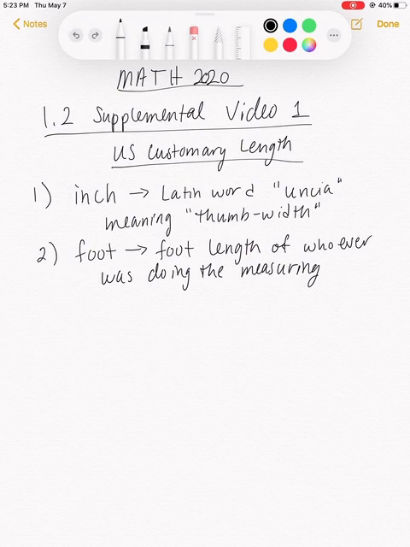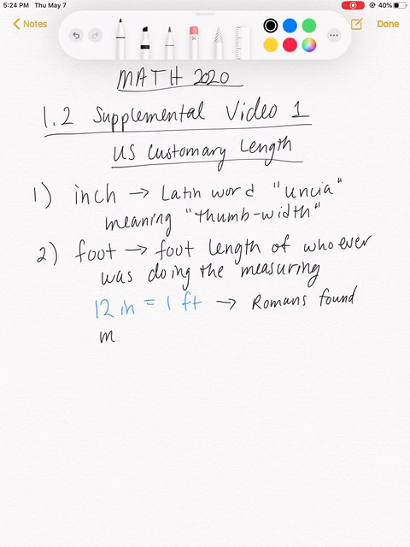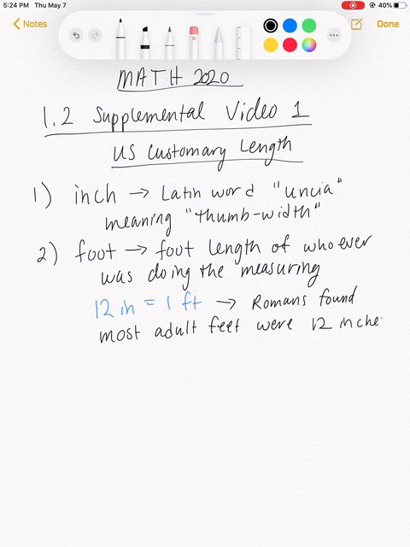The reason why they got standardized as 12 inches per 1 foot is that, back in Roman times, the Romans found that most adult feet were 12 thumb widths long, or 12 inches long.